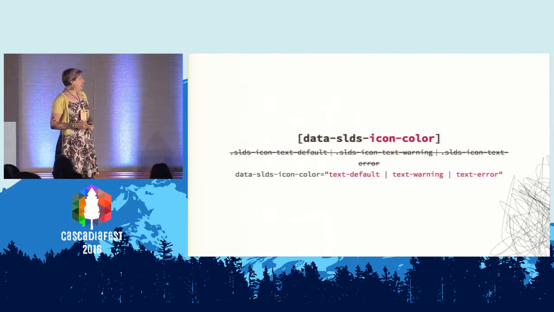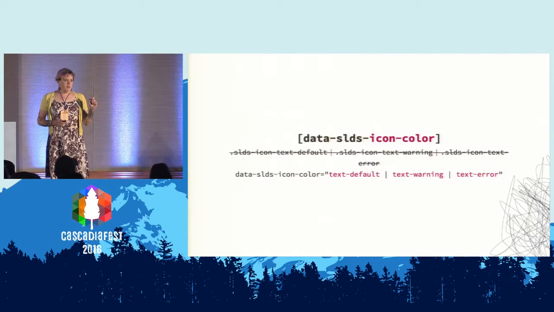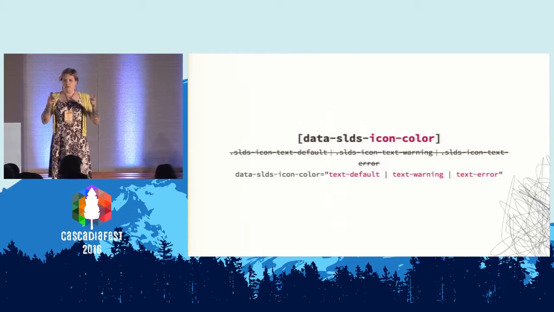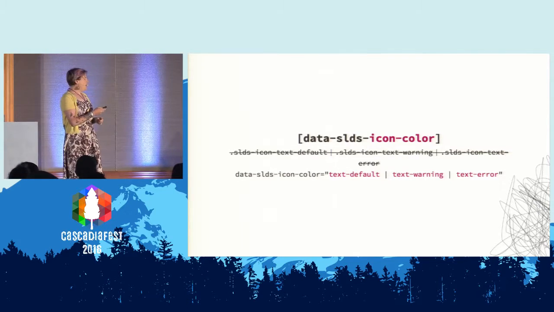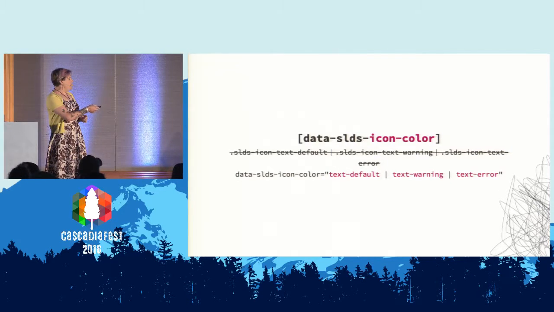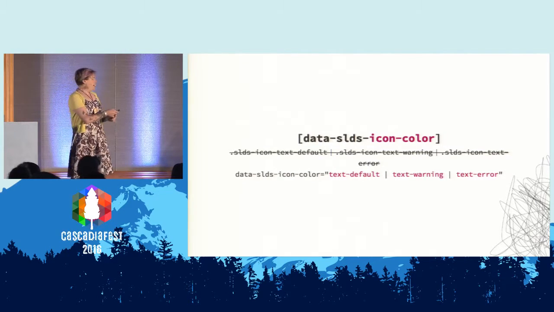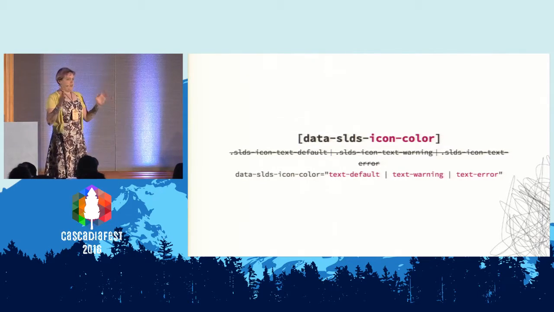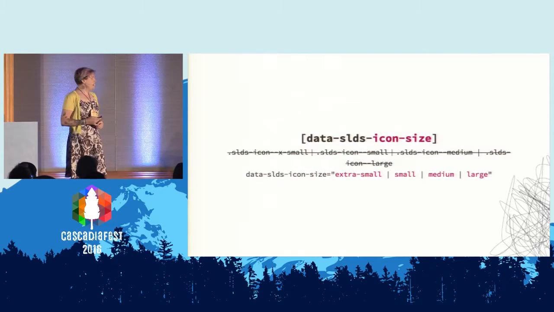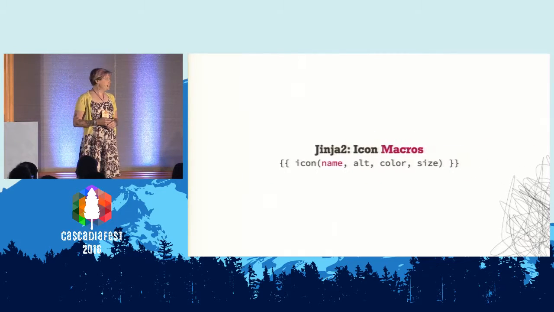So instead of data SLDS icon color as a base part of a class name, I would get rid of all the separate classes, and I would make one data attribute. And then it's clear that text default, text warning, and text error are all part of the same pattern without adding that to every class name. I would do the same thing for the sizes. So again, move those into a data attribute.